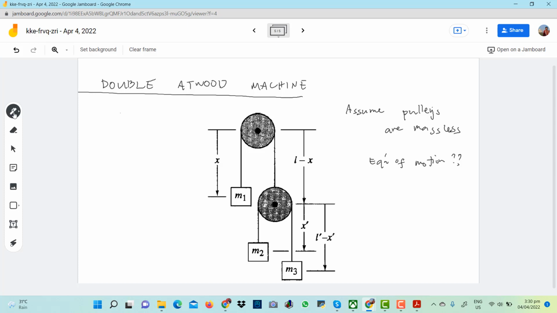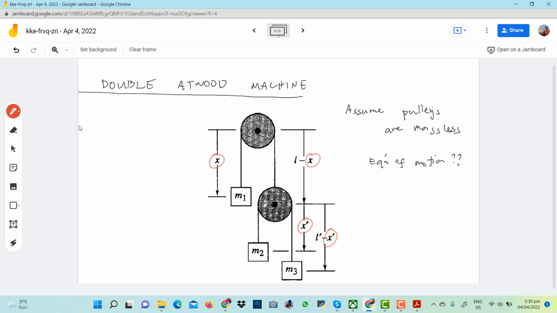Therefore, there are 2 degrees of freedom to consider: x and x prime. So I have 2 degrees of freedom, x and x prime.